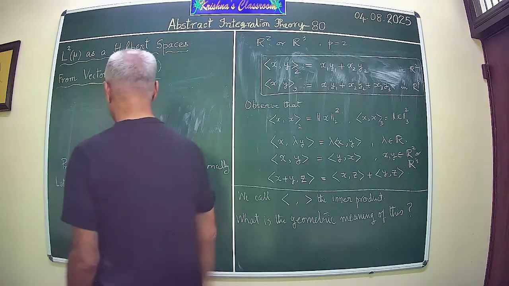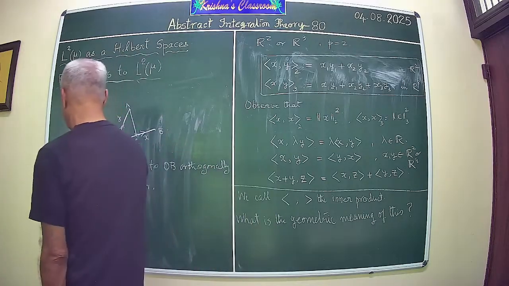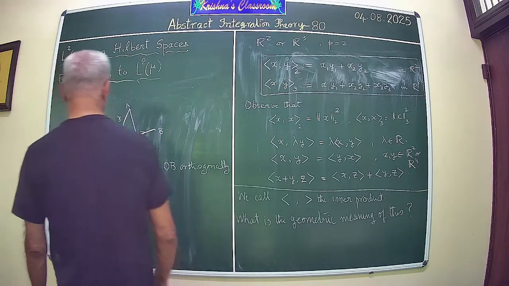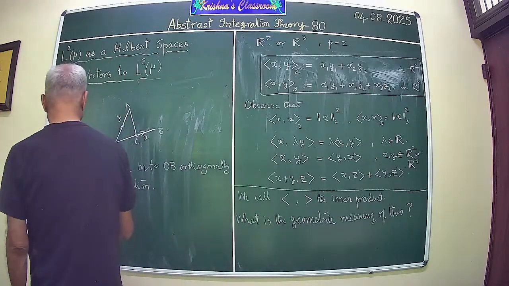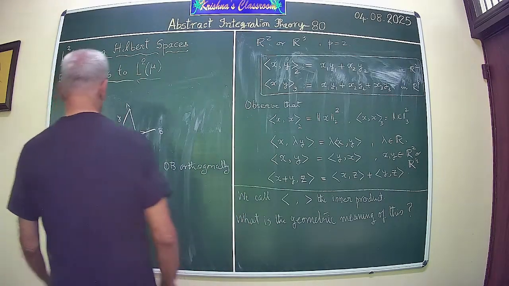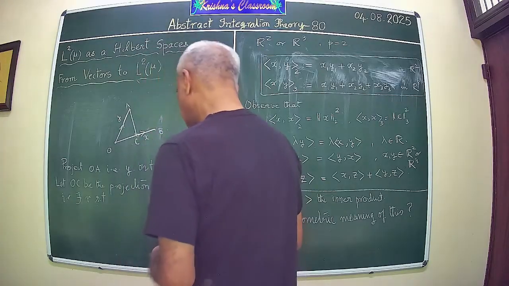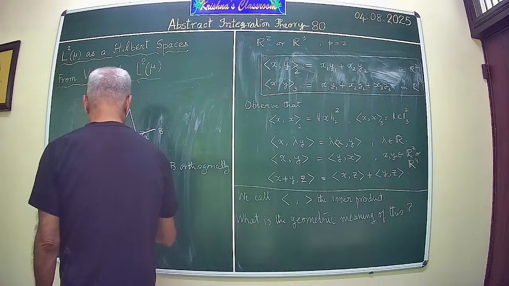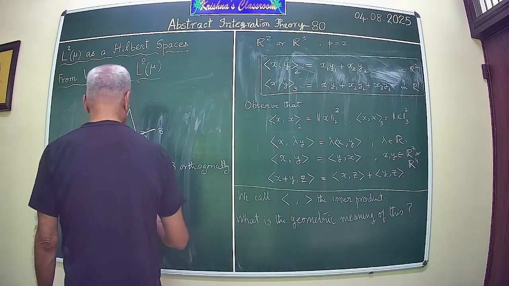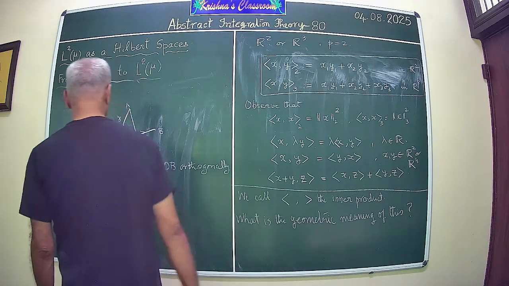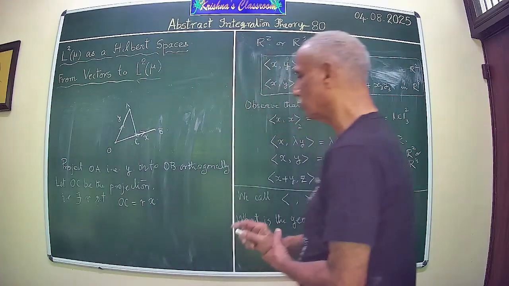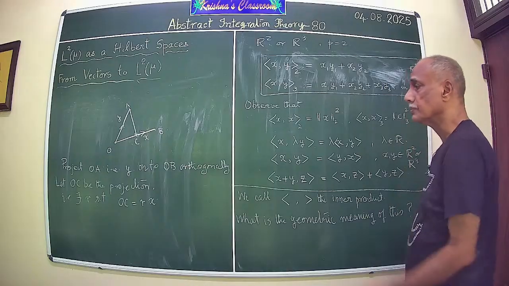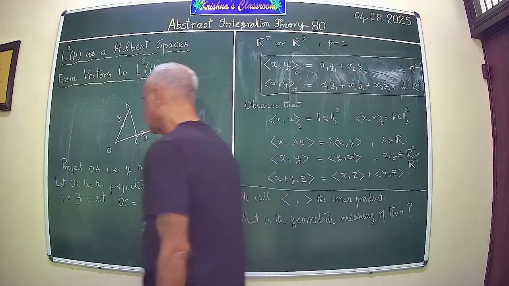We don't know where it is, but we know that it is on the axis such that OC is equal to R times x. This is important.